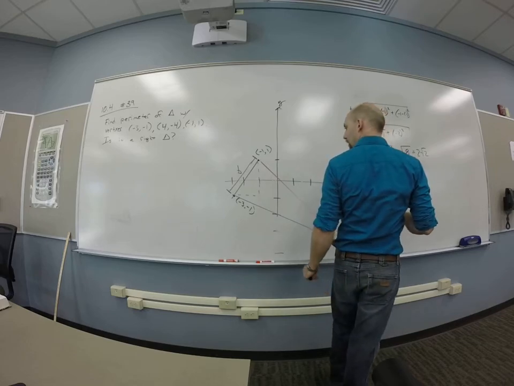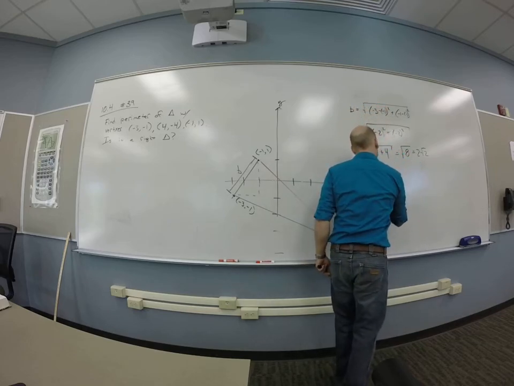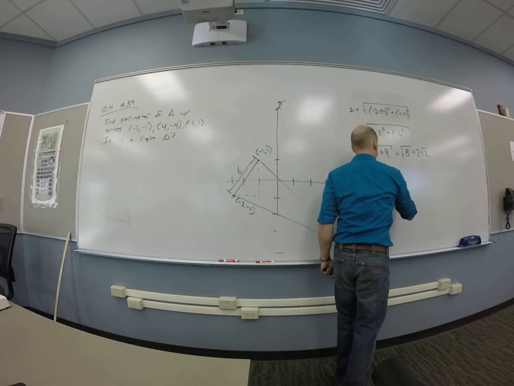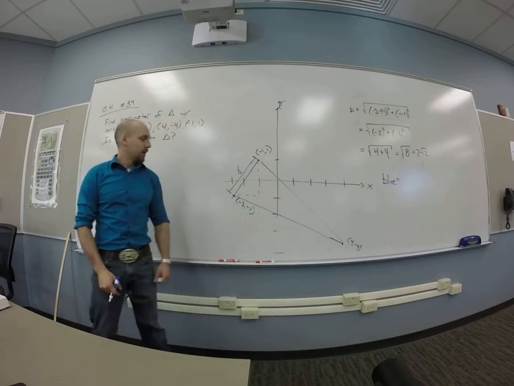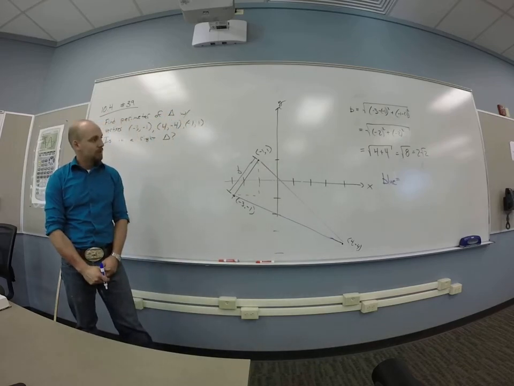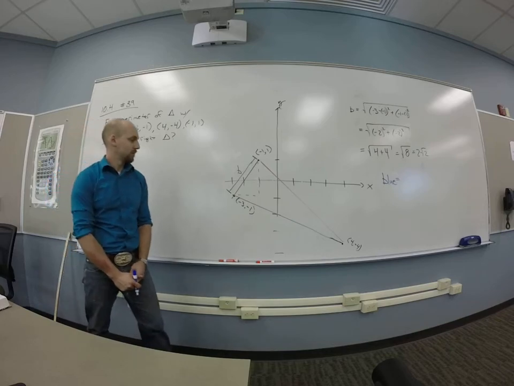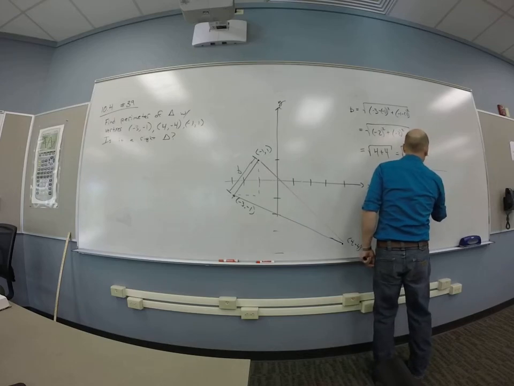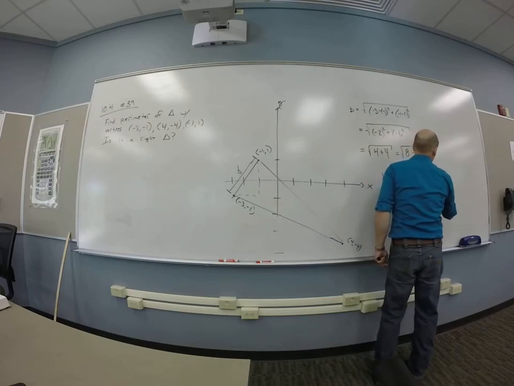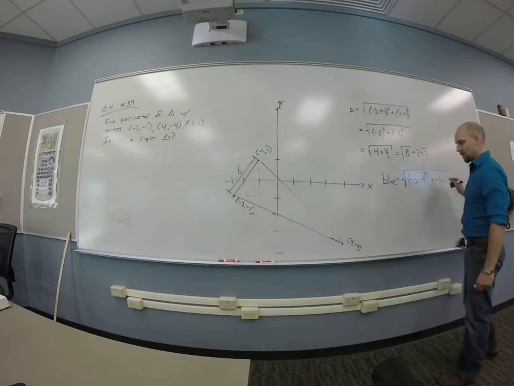All right, let's see. So the blue side. Can I get an answer for the blue side? The square root of (-3 minus 4) squared plus (-1 minus -4) squared.